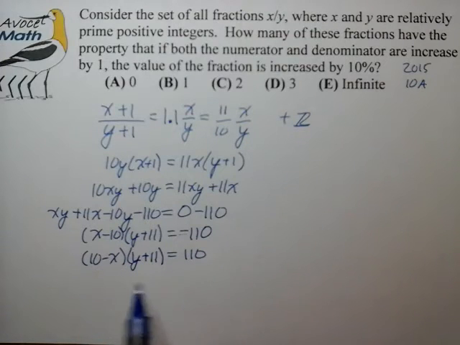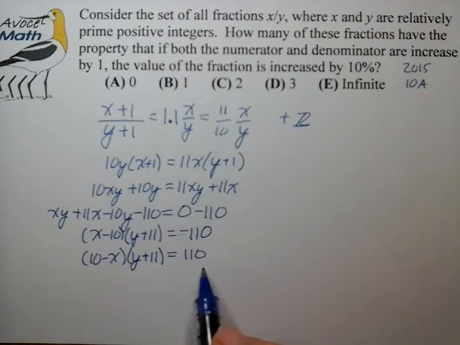Okay, I like that a little better. That's a little easier on the brain. We have a positive integer on the right. We seem to have what looks like two positive integers on the left, because y has to be greater than or equal to 1, and that basically forces 10 minus x to also be positive as well. So this is looking very encouraging.